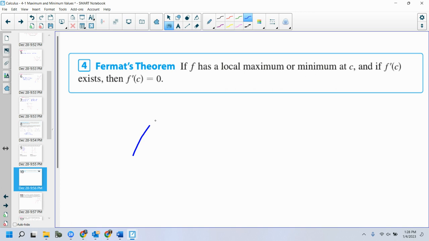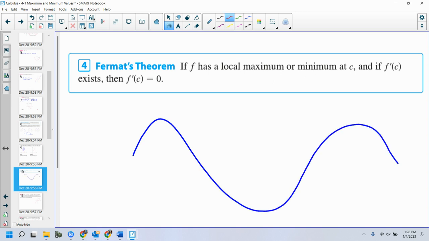Think about it. I've got different points here where I've got local maximums and minimums. What's happening at every high or low point to the tangent line? It's going to be a horizontal tangent line where the slope is 0.